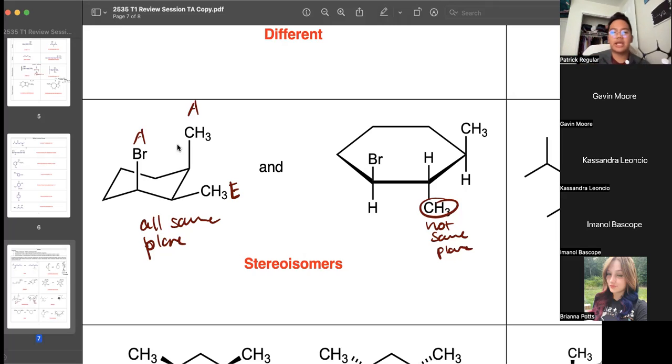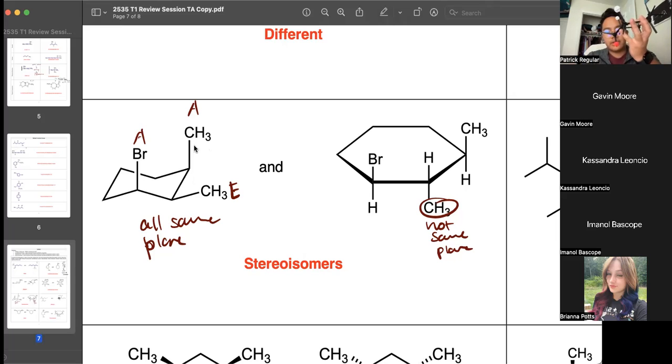Now, let's look at this left image, all right? If we were to make this conformation, okay.